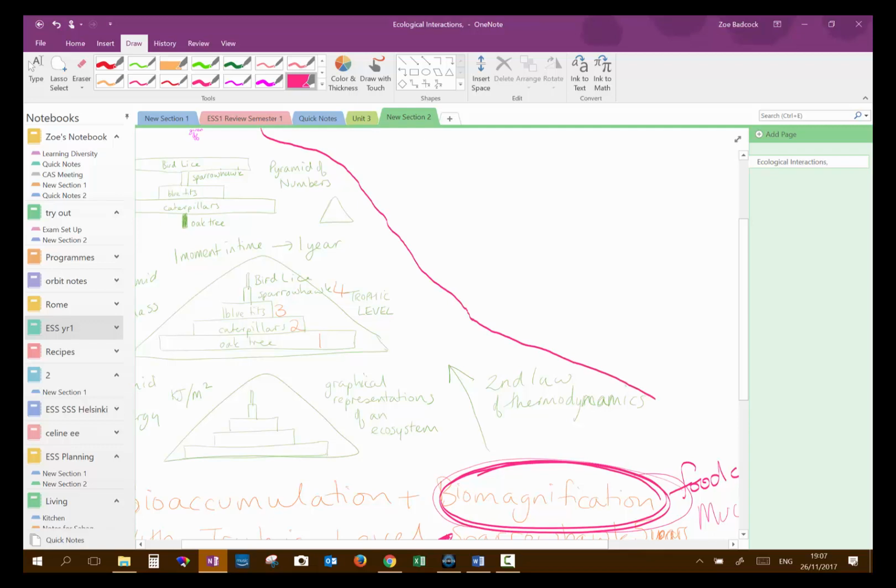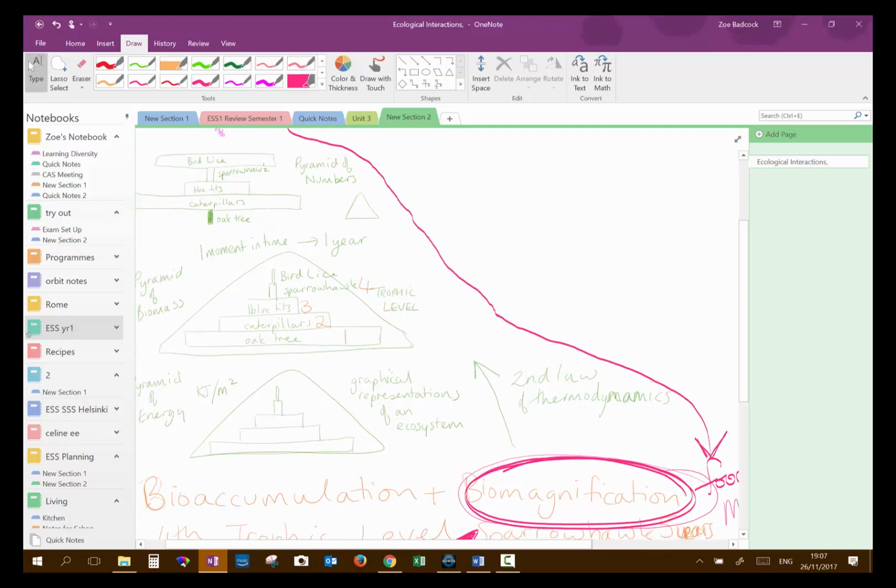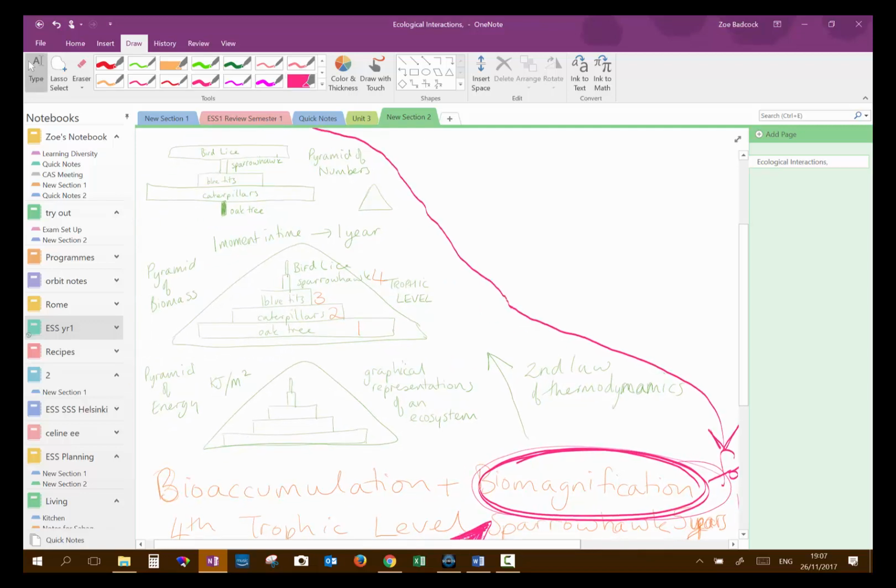We've looked at the laws of thermodynamics, and we've finished off by looking at bioaccumulation and biomagnification. And I hope that was helpful. It's half an hour of information.